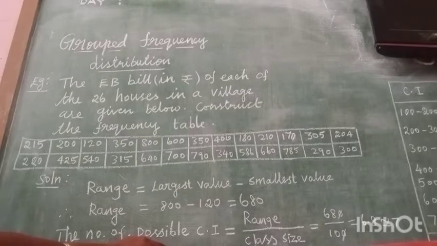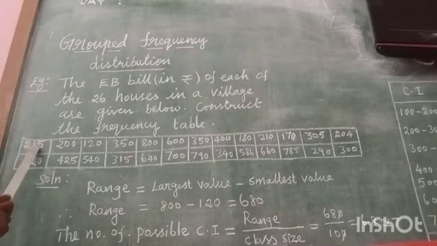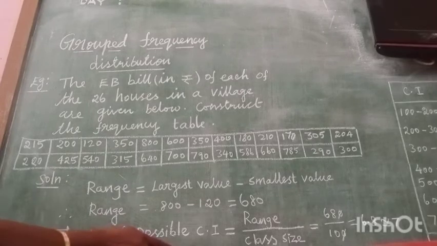Class size, whether 10 or 20, depends on the question. Here the values are nearly 100 to 200 and the minimum value is 120, so we take values from 100. So the class size is 100.